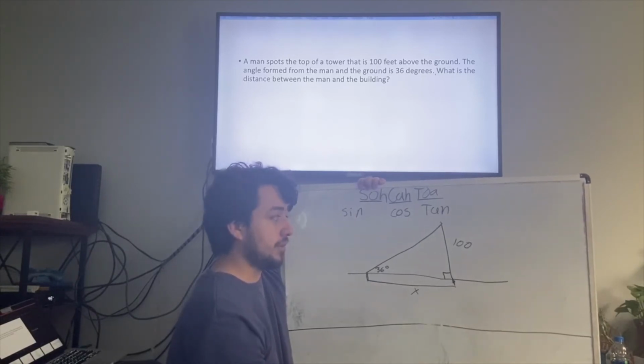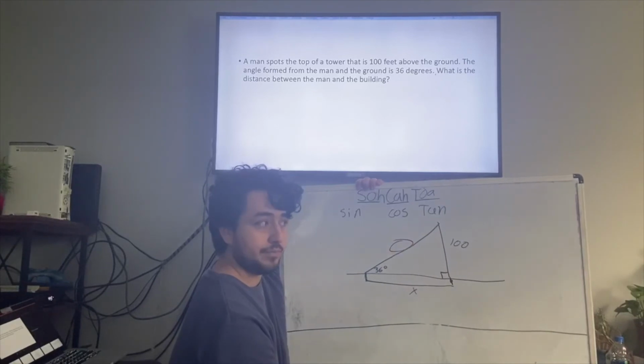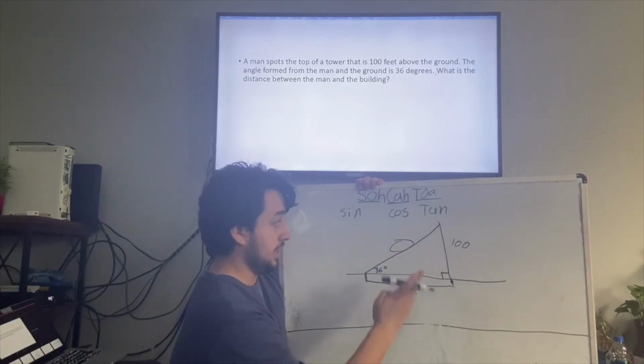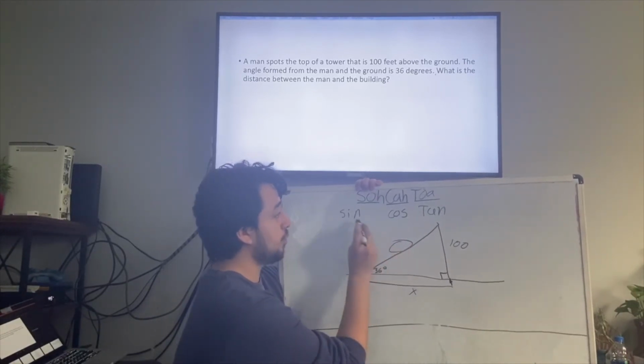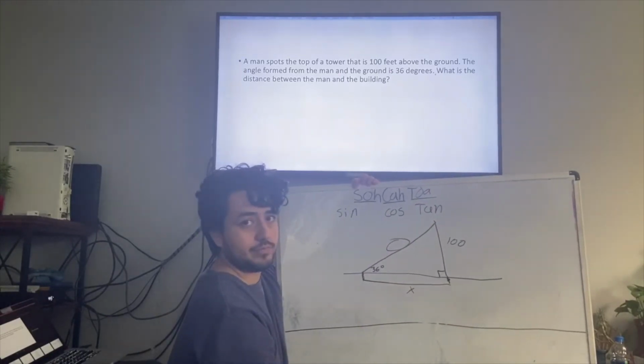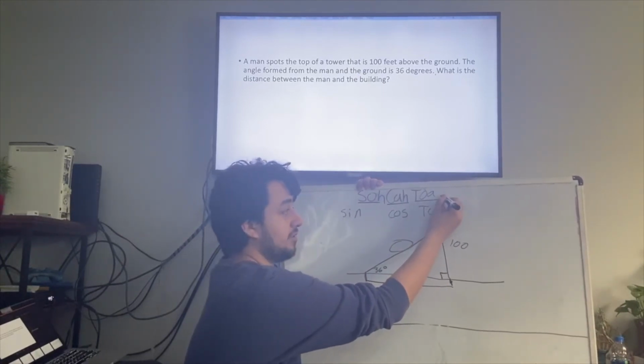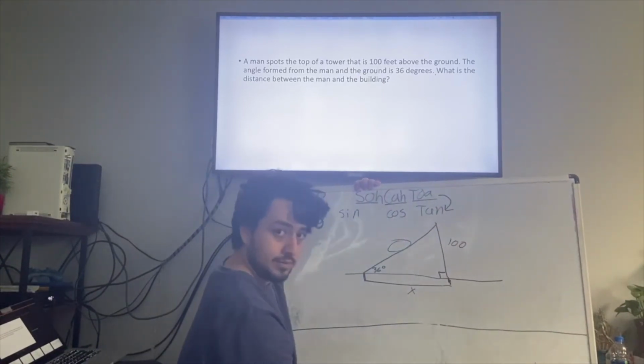If you're struggling, remember, this is our hypotenuse, and yet there's nothing here. If we don't have a hypotenuse, which one of these doesn't have an h? Our TOA doesn't have an h. So that means we're going to be using tangent.